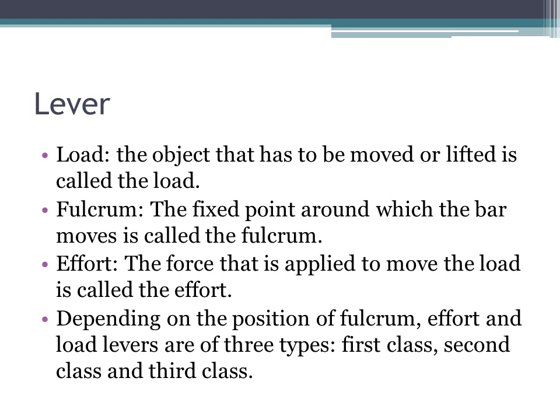So which object to move and which object to lift, that is called a load. And second one, the fulcrum. The fulcrum is a fixed point around which the bar moves.